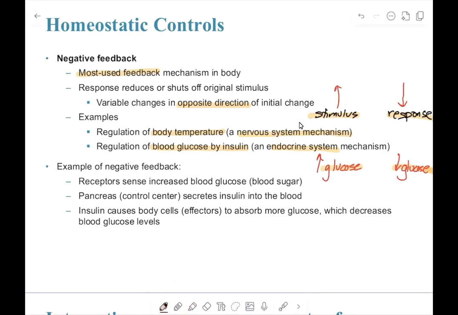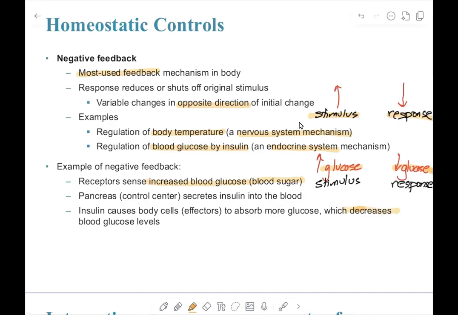So again, this is the stimulus and this is the response. Since they're in opposite directions, you know that it is negative feedback. So example of negative feedback would be increased blood sugar. The response would be that it decreases blood sugar.